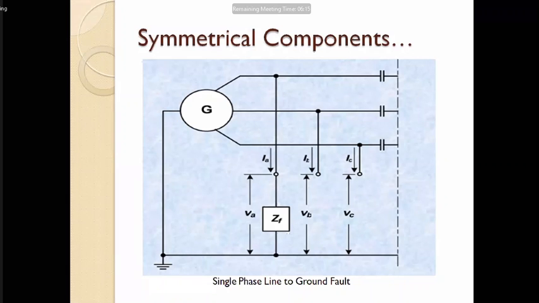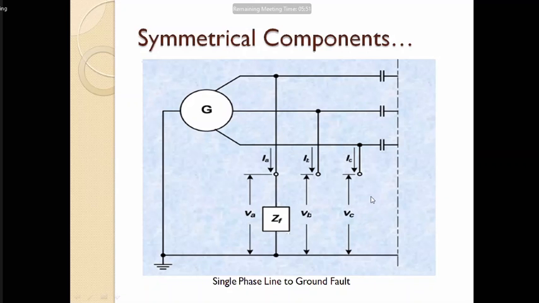These are phase voltages for the motor. Where's my cursor? These are phase currents: phase current A, phase current B and C. And these are the voltages here, the voltage across the impedance.